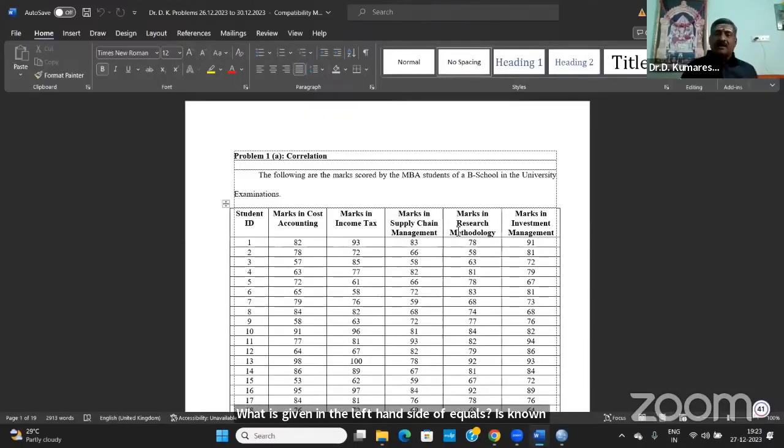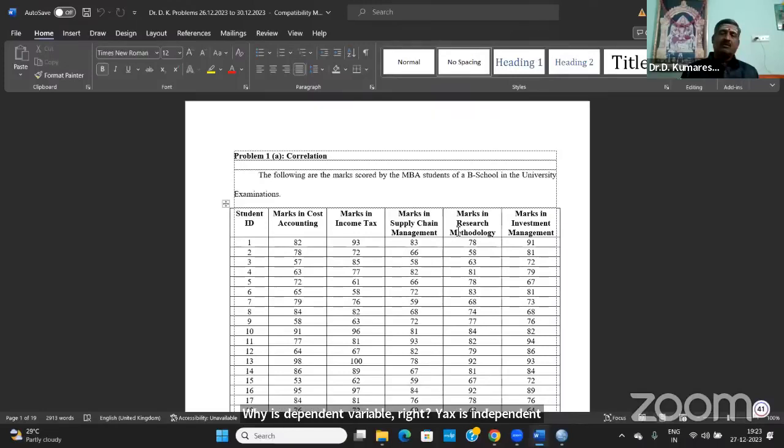So that equation is known as the regression equation of Y on X. Y equal to A plus Bx. Y is the dependent variable, X is the independent variable.